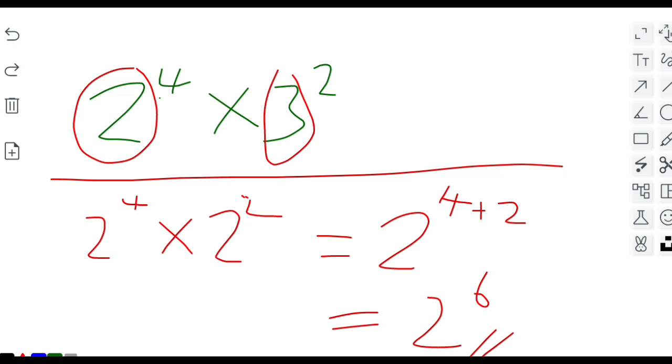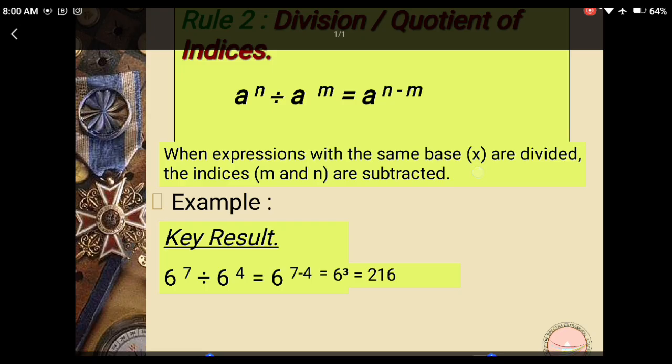And you can still proceed by expressing your number in an expanded form. To express this in expanded form, your answer is going to be 64. That's when you are asked to leave your answer in an expanded form.